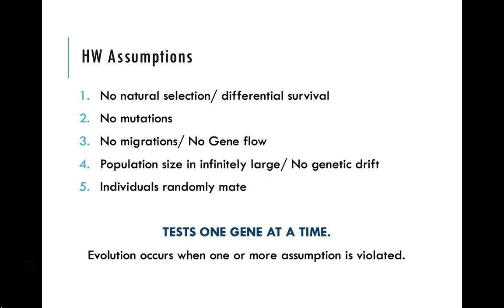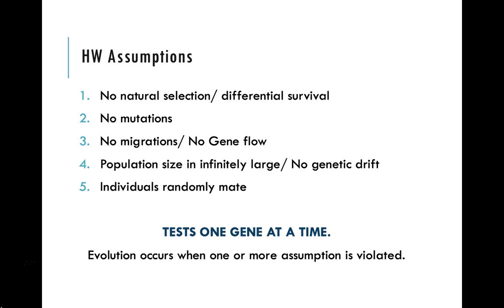Please keep in mind that the Hardy-Weinberg is talking about one trait at a time, or one gene at a time. So let's say you're looking at a bird and you might be interested in their beak size. At one particular point in time, their beak size might not be evolving. There might not be any pressure from the outside. There might not be any chance events that are changing the structure of the beak within the population.